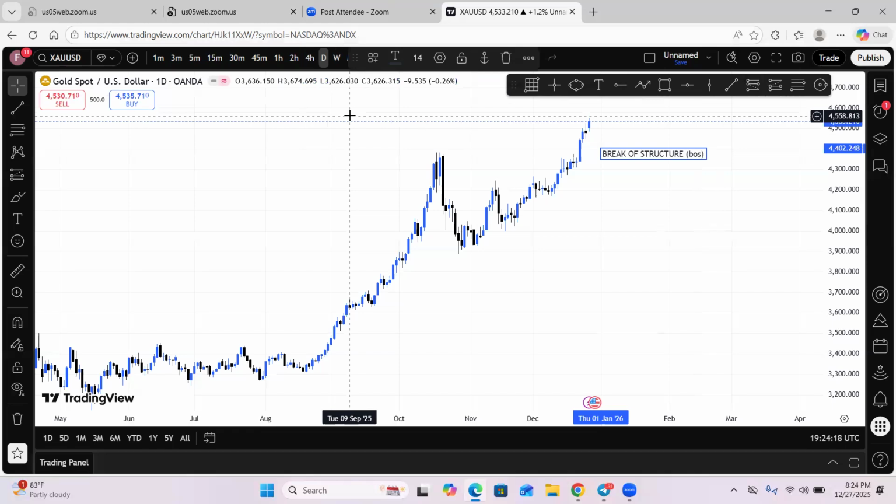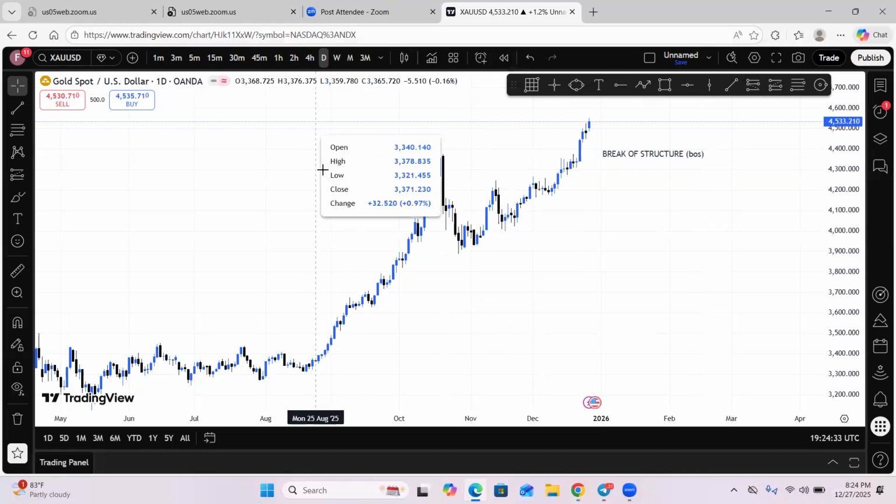When the market is breaking structures in an uptrend and suddenly starts going down into a downtrend, we have a change of character. All of this is jargon until we place it on the chart.